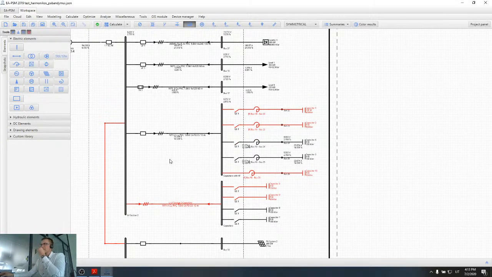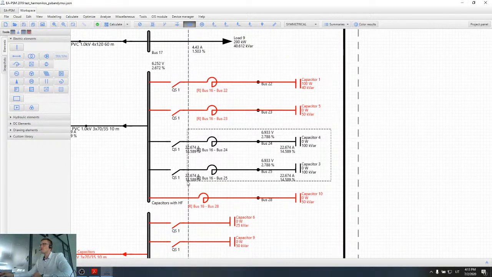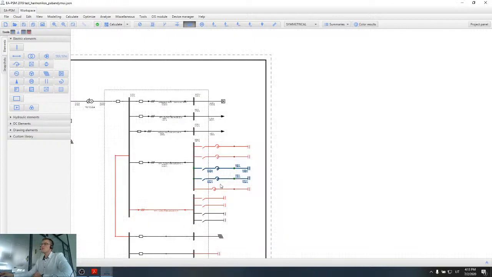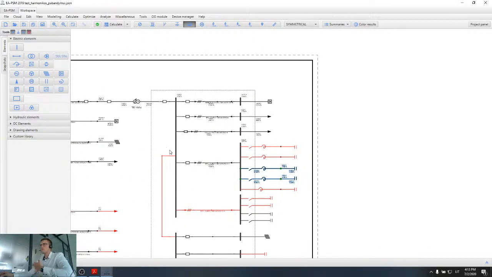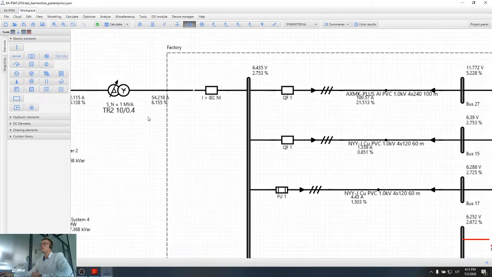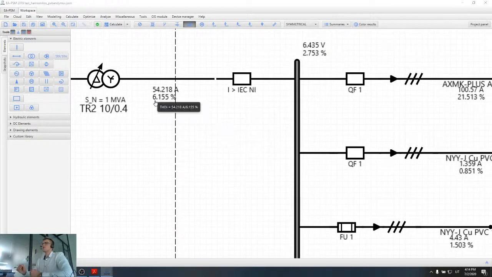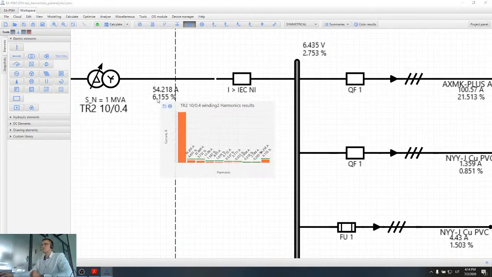Now, let's go to one more example. Before answering the questions, I worked with the tuned harmonic filters to avoid harmonic resonance. For example, we want to reduce harmonics even more. With the tuned harmonic filters, we reached a harmonic value of 6%.